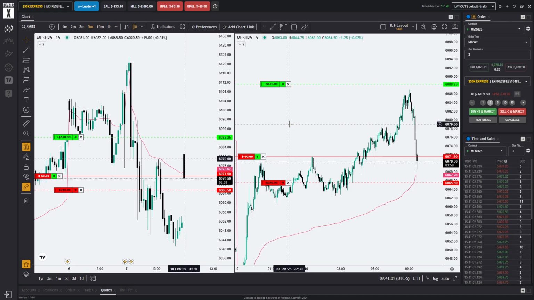Obviously, there's danger that we're going to go to London low. But at the same time, I think Nasdaq is holding up there. They want to sell into overnight high. They should pull ES higher.